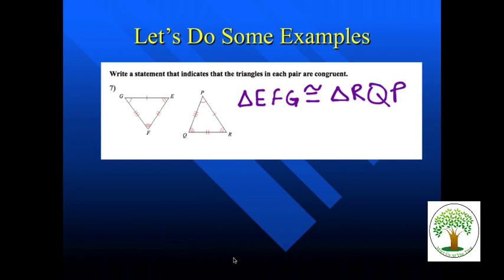Your answer key might have it like this: triangle F, G, E, and that's okay. So the first one, you can pick the order, and then the rest of it goes along with that. So if you wanted to do the first angle, second, third, that would be perfect.